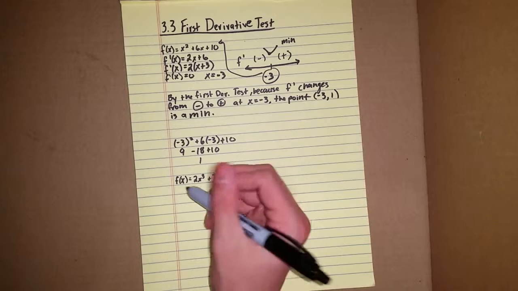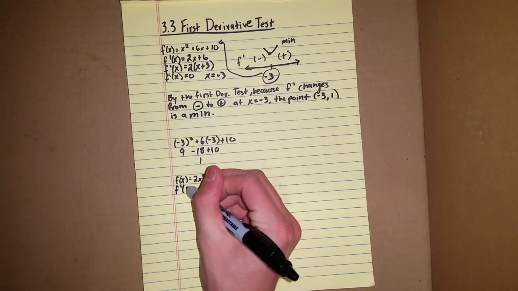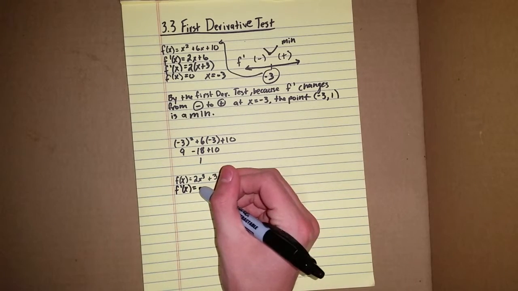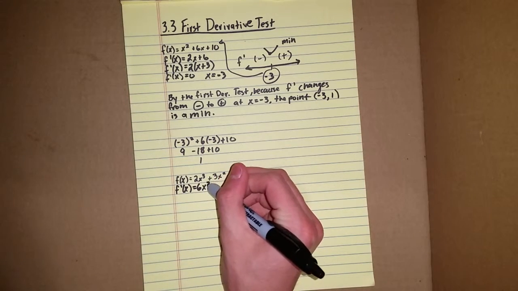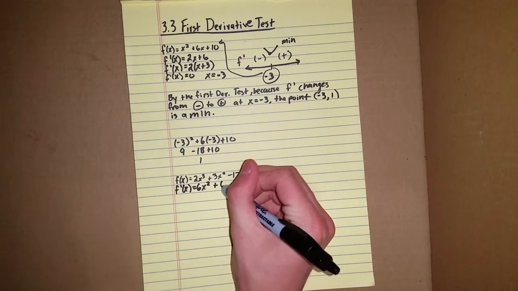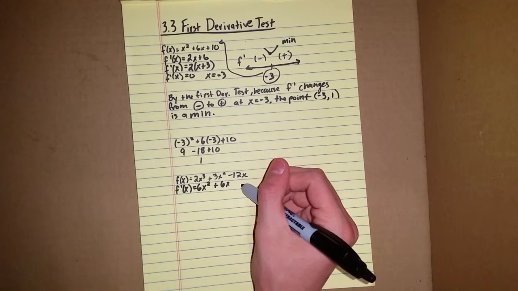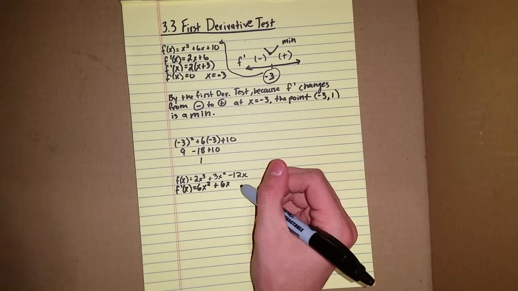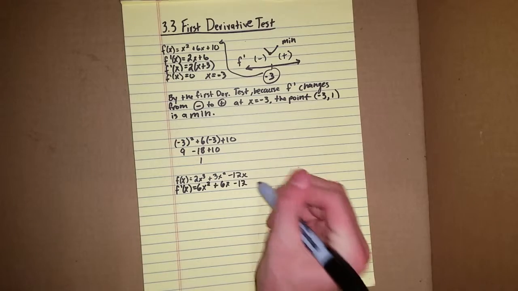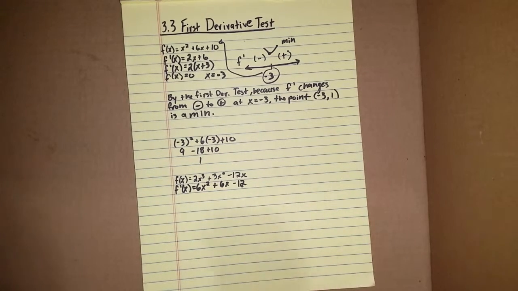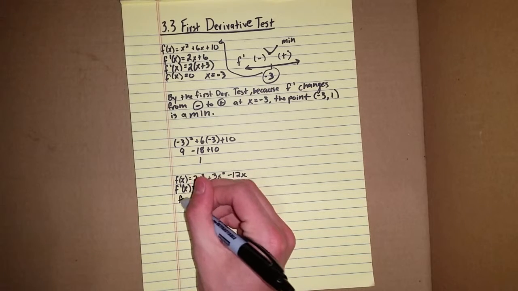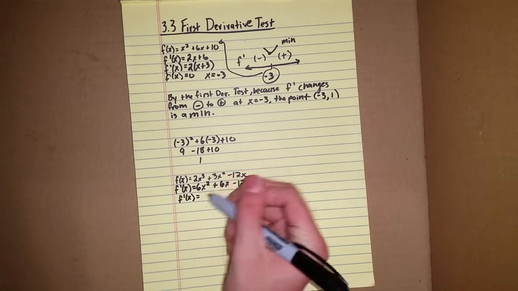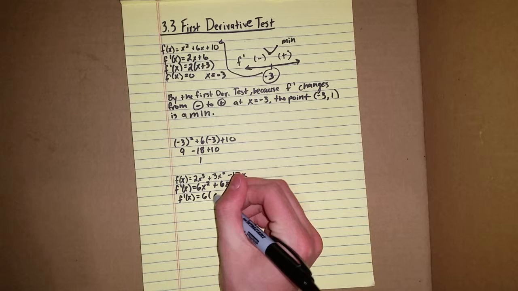Once again, first step, take the derivative. It's 6x squared plus 6x minus 12. So then we have to set this equal to 0. So we've got to factor. Factor out the 6.